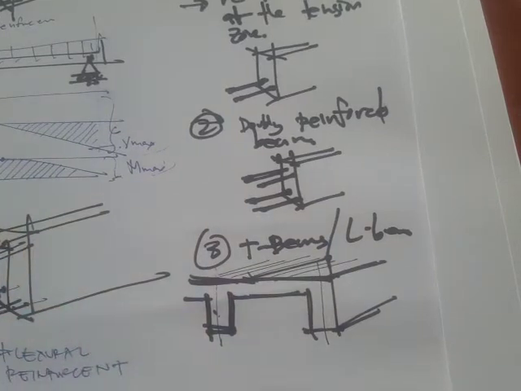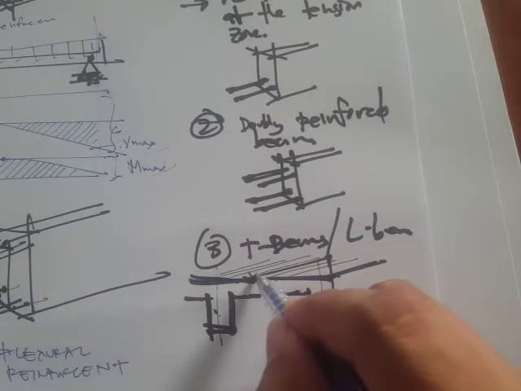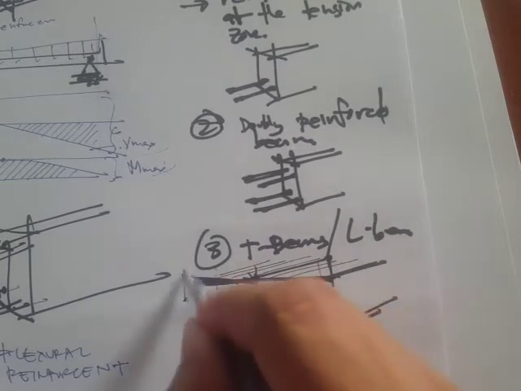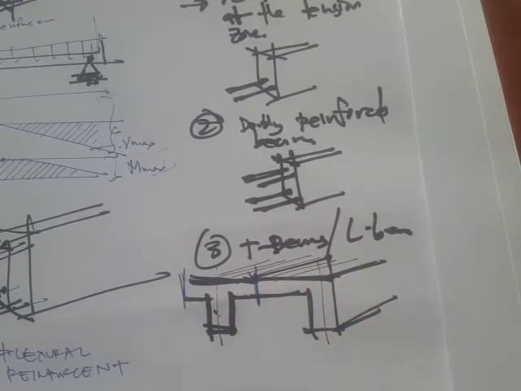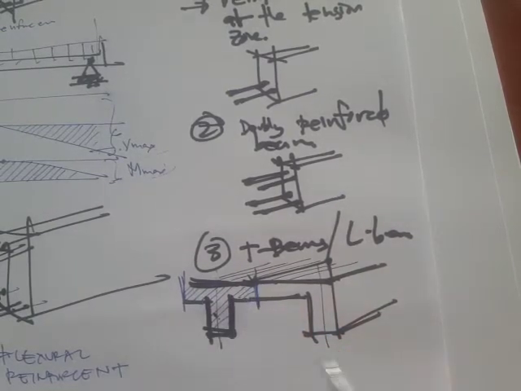Because of the monolithic action, it's going to provide something like extra flanges, right? So from this point to this point, this is going to contribute to the capacity of the section. That's why they call it a T-beam.